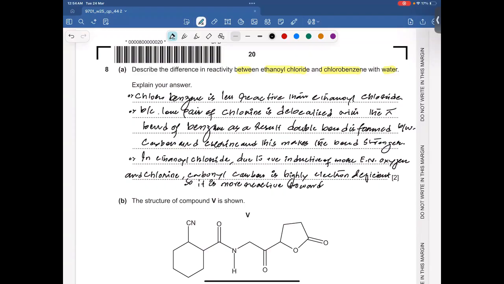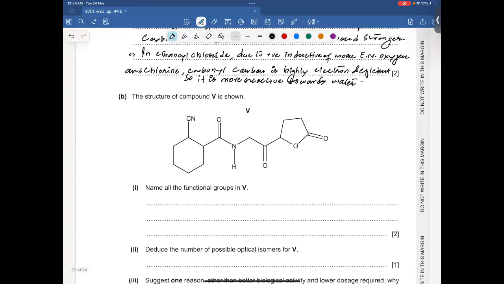Oh, thank God. The structure of compound V is shown. Name all the functional groups in V. This one is nitrile. This one is amide.